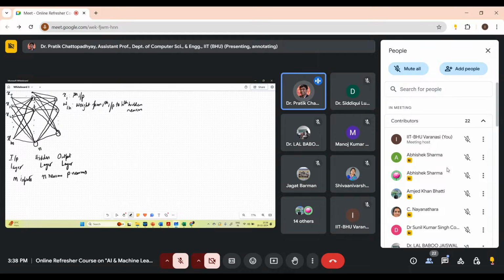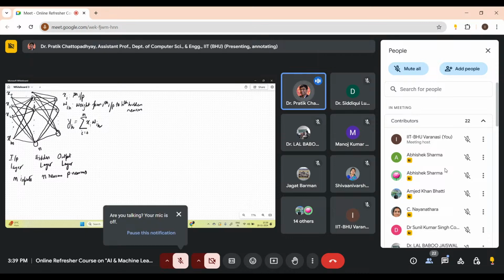The weighted summation at the hth hidden neuron we write as y_h equals the summation of x_i w_ih, where i varies from 0 to m. So for all the inputs, considering this second hidden neuron, x0 multiplied by w02 plus x1 multiplied by w12, x2 multiplied by w22. This summation is computed basically.